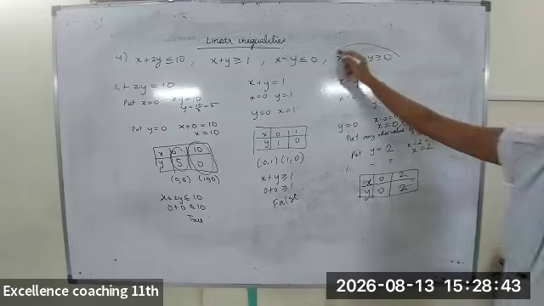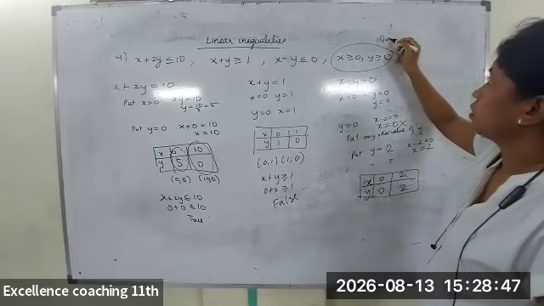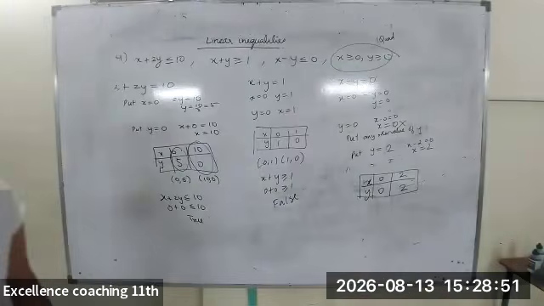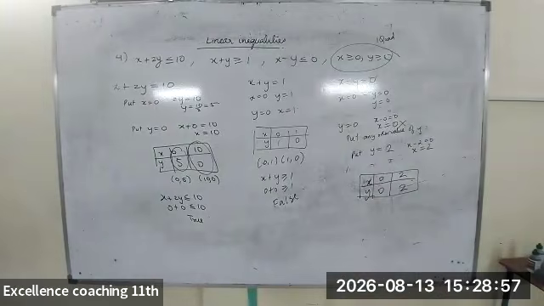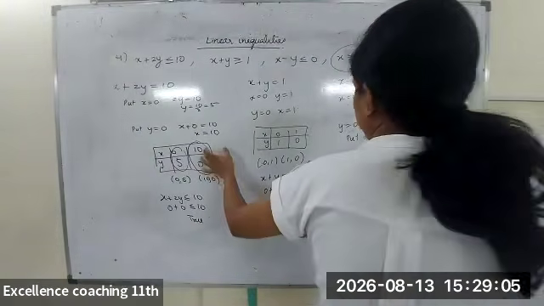This I told you all, you don't have to plot. This only means the answer is in the first quadrant. So these three lines you have to plot now. Check which is your maximum number. Maximum is 10.